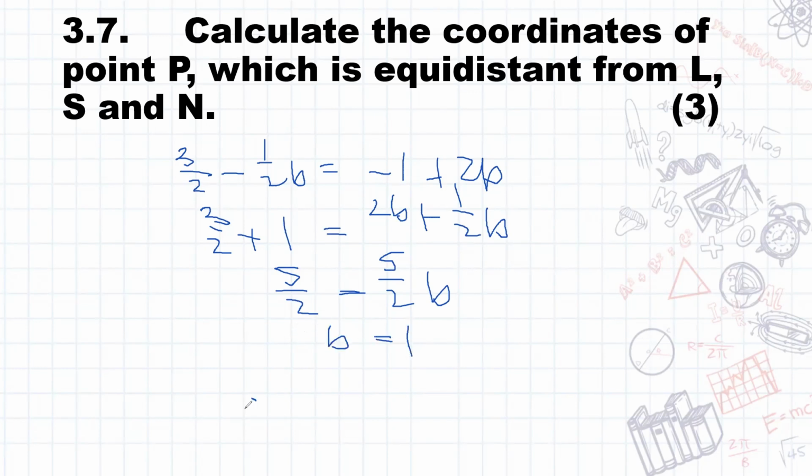And now when we substitute this back into a, I'm not going to do the fraction one because fractions. But for either equation 1 or equation 2, if we substitute in the b value of 1, what we should get is a is equal to 1. Okay, and so that is your final answer. So you'll get a mark for b here and a mark for a here.